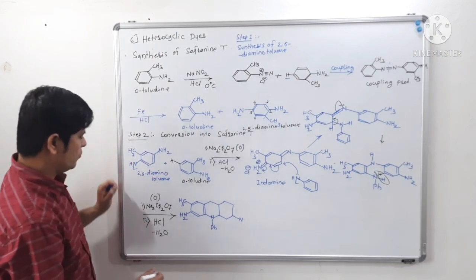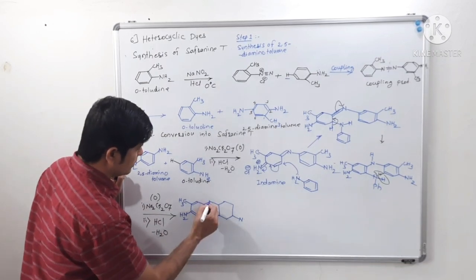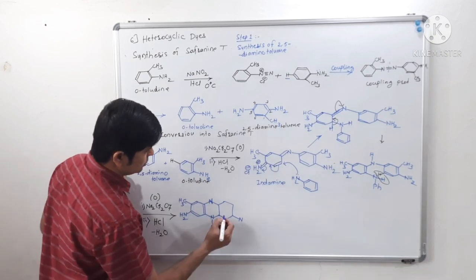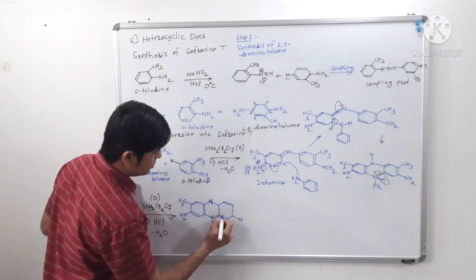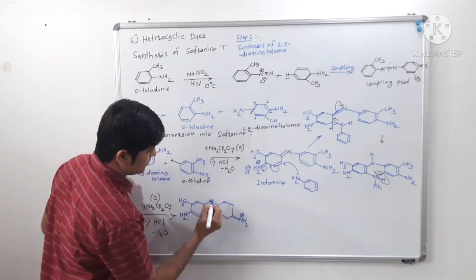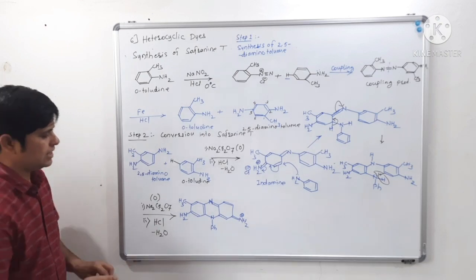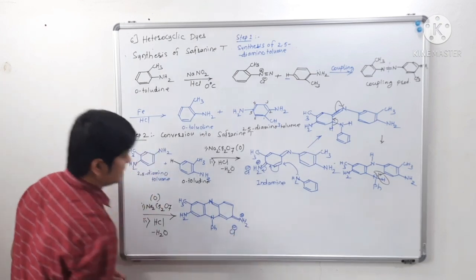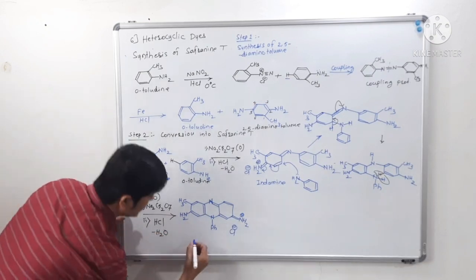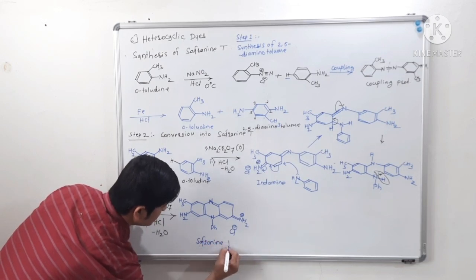See, here we are using hydrochloric acid, so it will get converted into the corresponding salt. So we will have a structure like this, NH2 plus, NH2 plus Cl minus. So this is safranine T. This is safranine T.